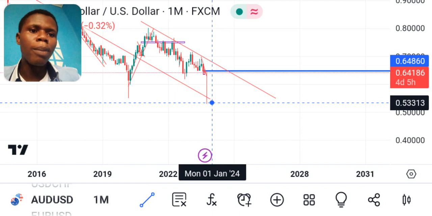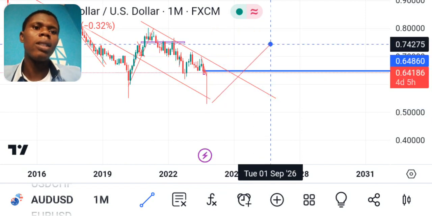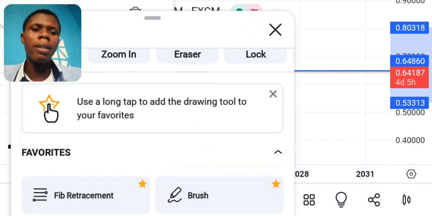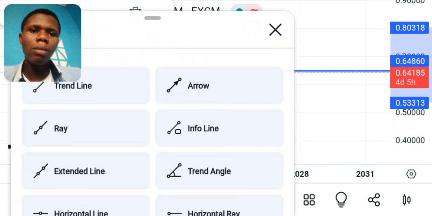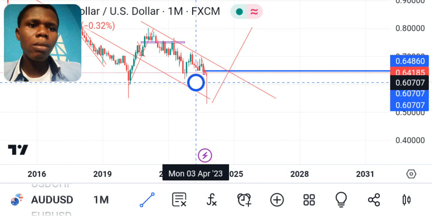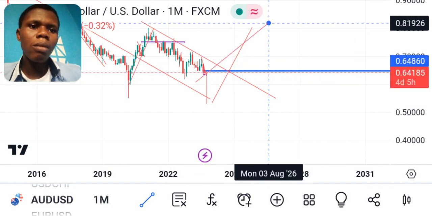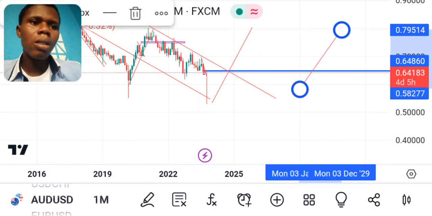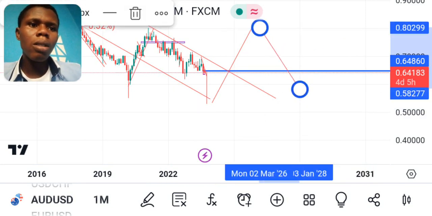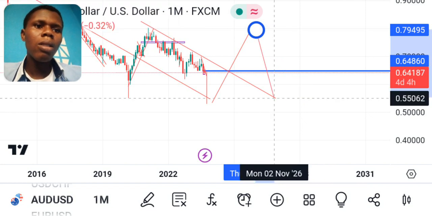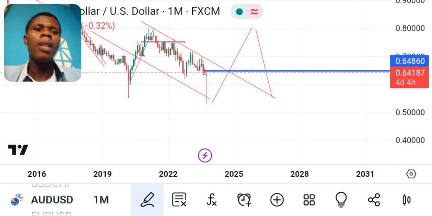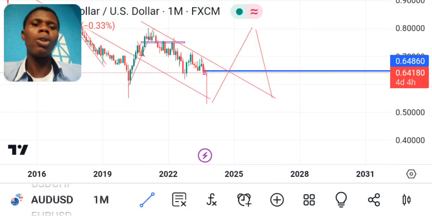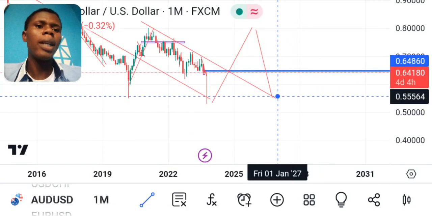If we expect this market to do something, it should do something like this: come back to this trend line again, and then start looking for opportunities for us to go back to the upside again.